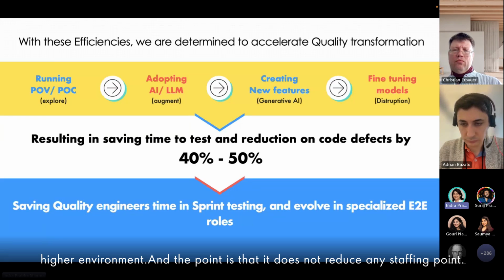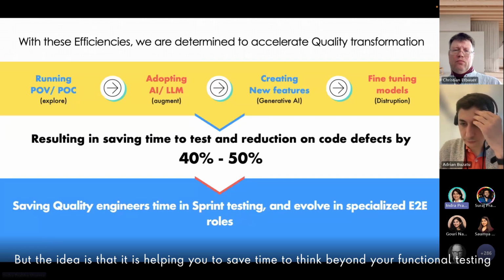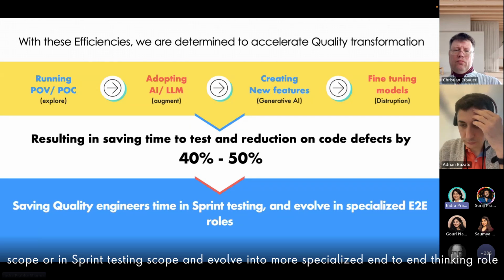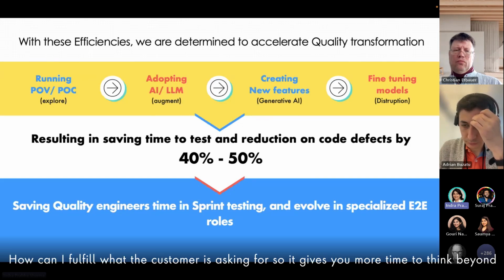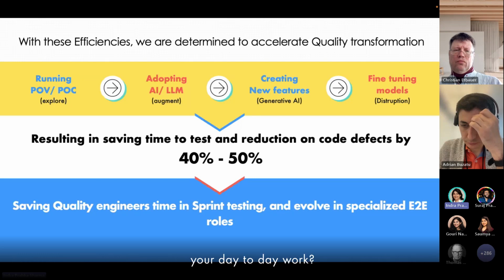And the point is that it does not reduce any staffing, but it helps you save time to think beyond your functional testing scope or in-sprint testing scope and evolve into a more specialized end-to-end thinking role, where you are able to understand how I can fulfill what the customer is asking for. So it gives you more time to think beyond your day-to-day work.